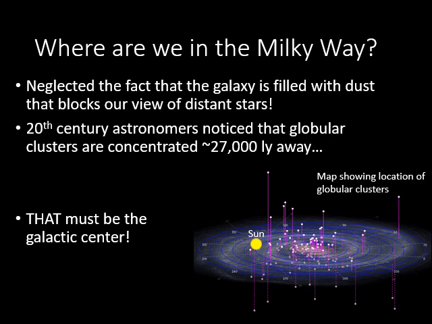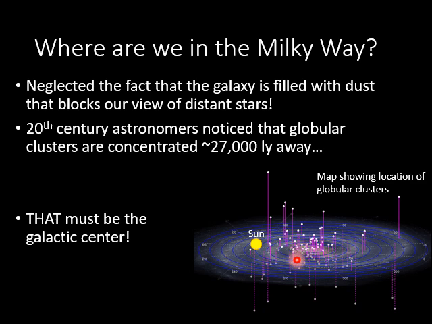But 20th century astronomers were a little bit smarter, and they figured out that if they look at these globular clusters, these clusters of stars, those clusters of stars seem to be concentrated in one direction in the sky. So take a look at the picture on the bottom right here. This is a map showing our Milky Way, the location of our sun, and the location of globular clusters both above and below the Milky Way.